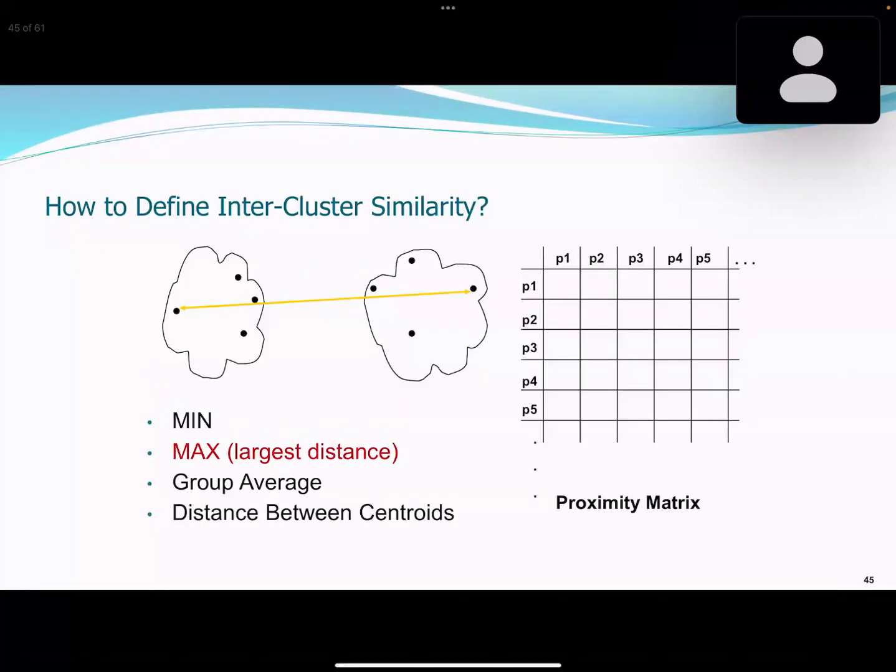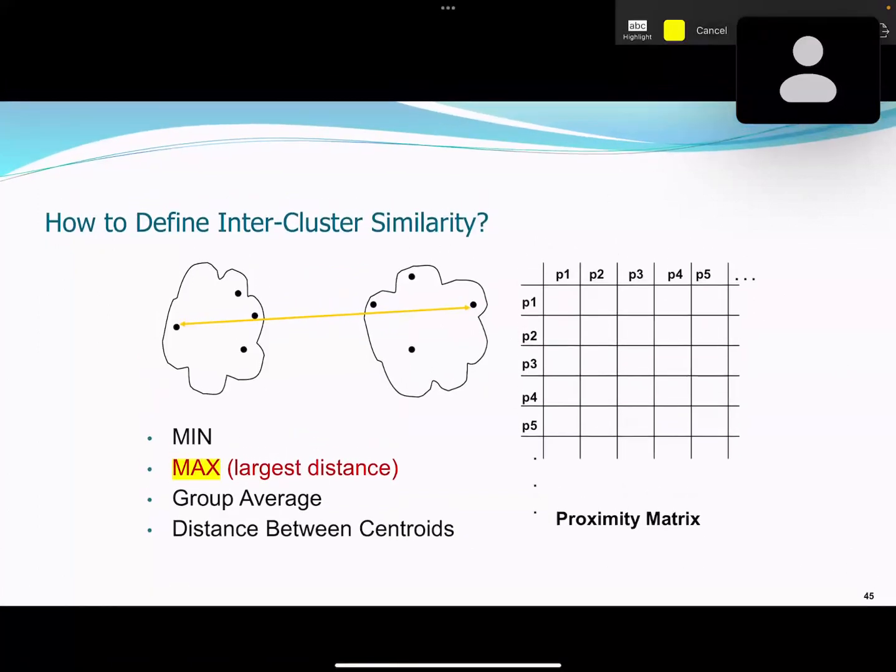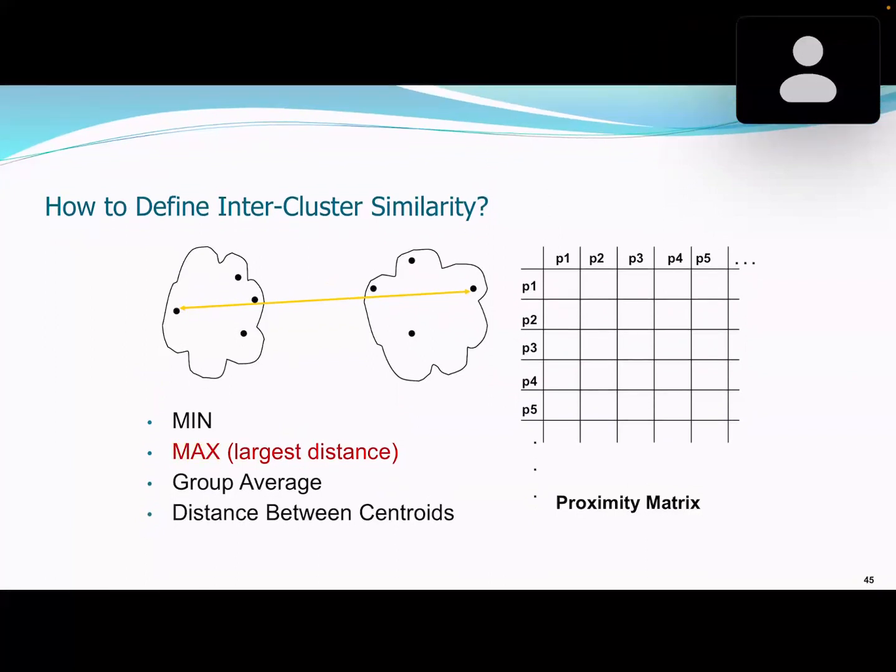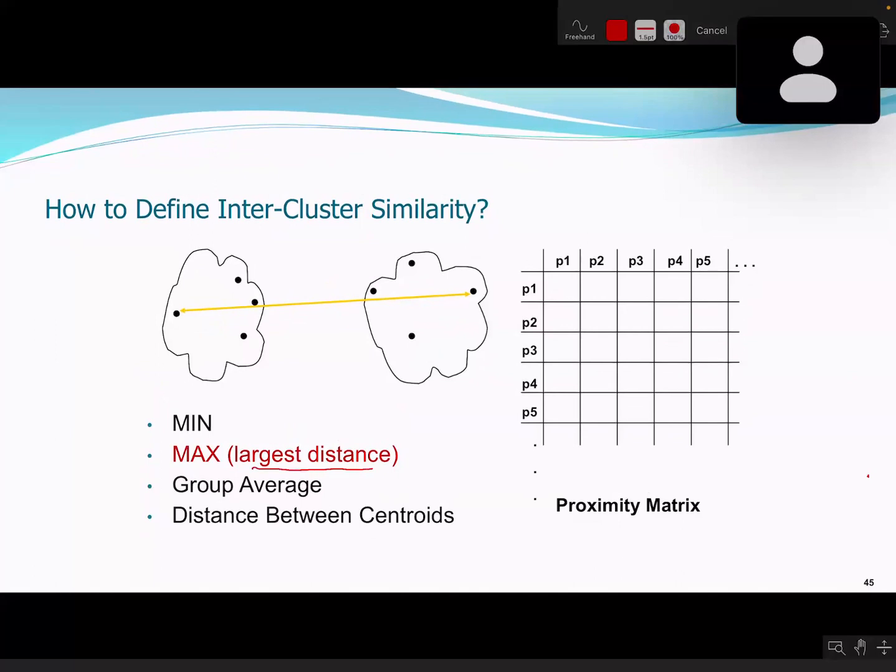The other way is called max. As the name suggests, I guess you can guess it. This is the largest distance between objects in the two clusters. So in this illustration, we have C1 and C2, and this pair of points gives the largest distance between a point in C1 and a point in C2. So this will be used to measure the distance between the two clusters under the max scheme.